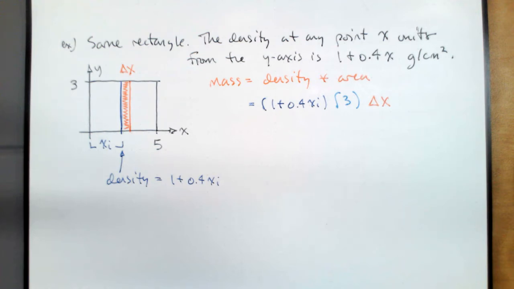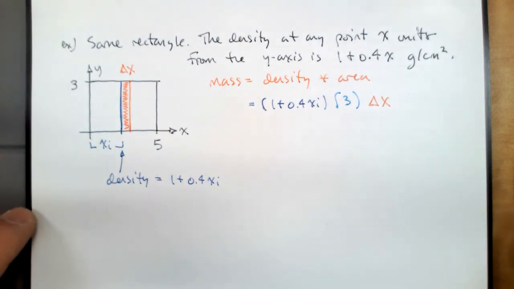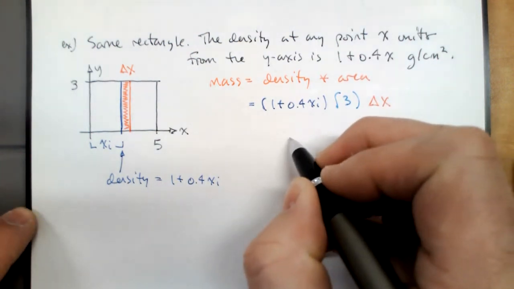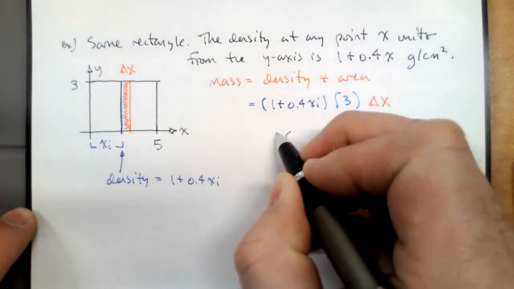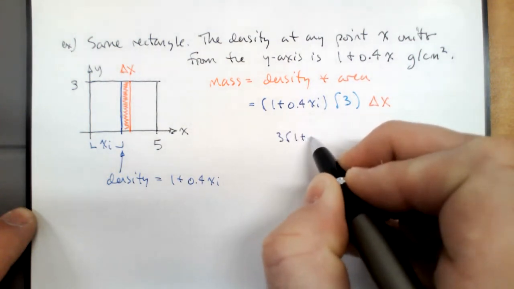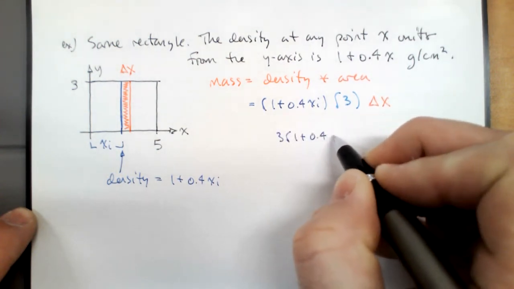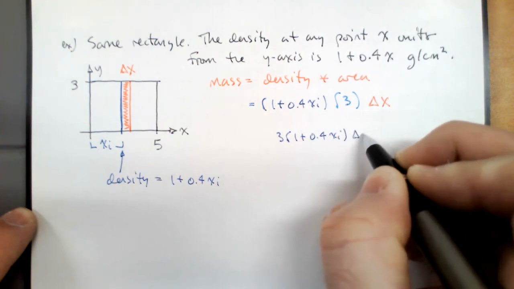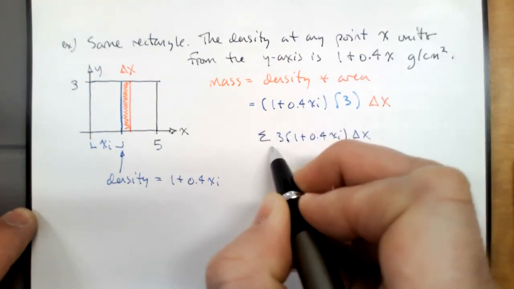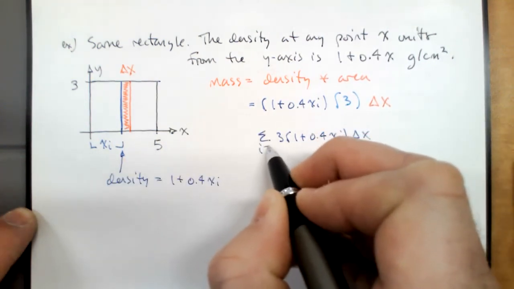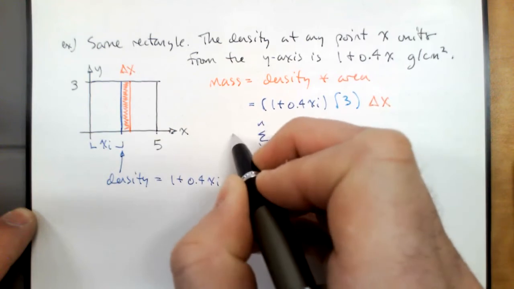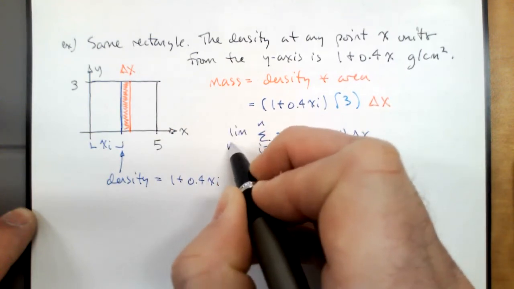Then we just add up all of the masses of these little rectangular strips, and that becomes our definite integral. So we take all of our masses, 3 times 1.1 plus 0.4 xi times delta x. We add up all the masses of these strips, and then we let the number of strips go to infinity.